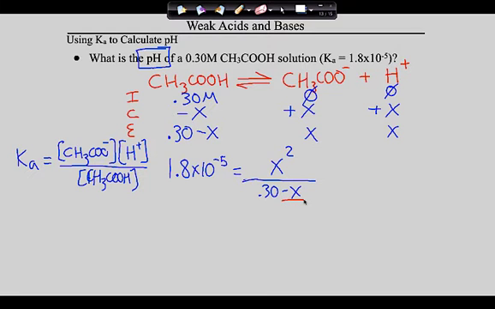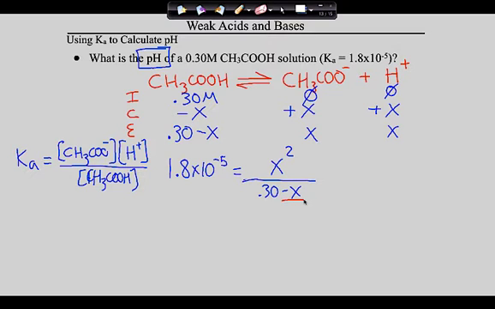What does this number right there represent? It's not a change. This whole thing is the change. What does that number represent? The amount of acetic acid that falls apart, right? Does that make sense?